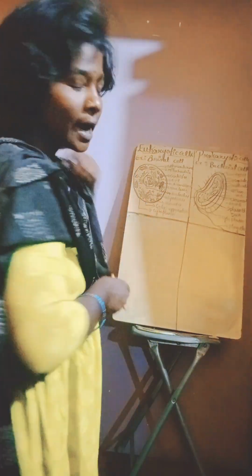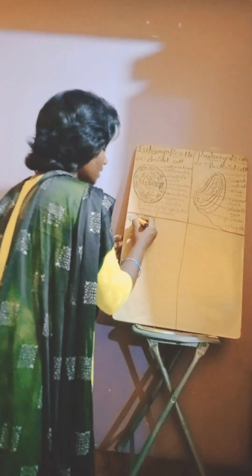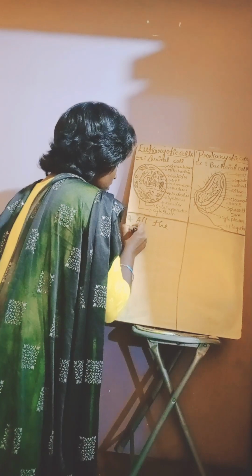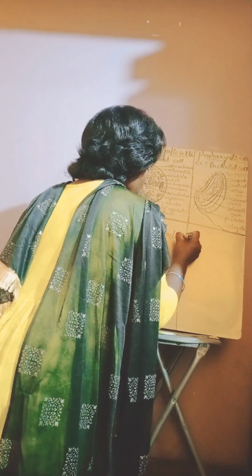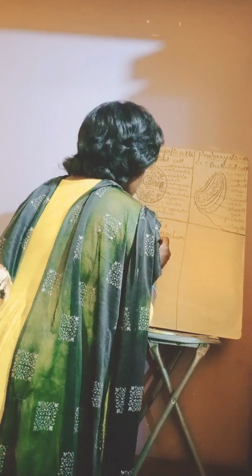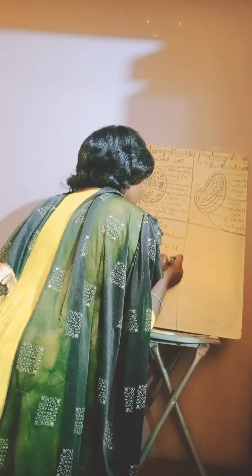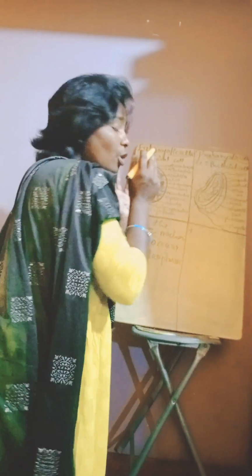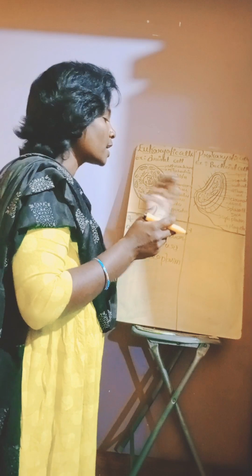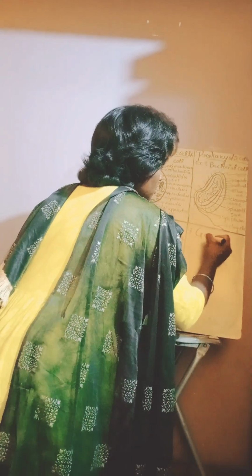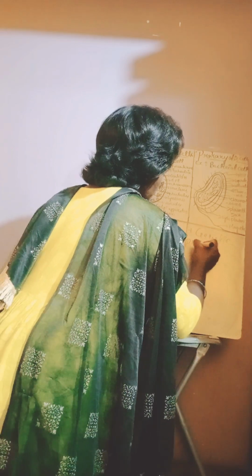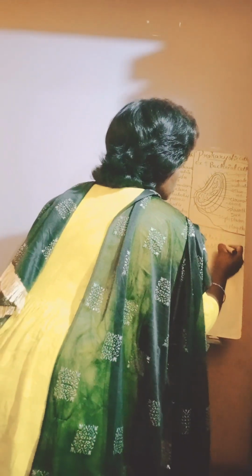So in the eukaryotic cells, all the genetic mechanisms or genetic processes occur in the nucleoplasm. Whereas in case of prokaryotic cells, all the genetic mechanisms or genetic processes occur in the cytoplasm.